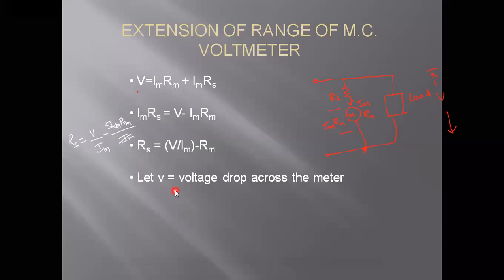Small v, as we have discussed, is the voltage drop across the meter. So this is the voltage drop across the meter, and this should be equal to small v.